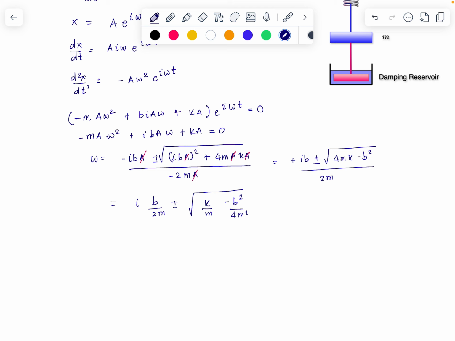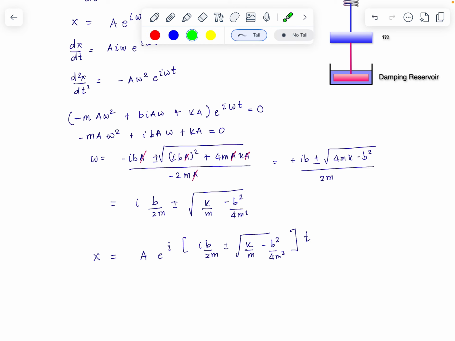So the x here, the displacement, must be written as a times e to the power i times this expression, i times b divided by 2m plus or minus the square root of k divided by m minus b square divided by 4m square, times t. So this is a times e to the power i, this is omega, that's t.